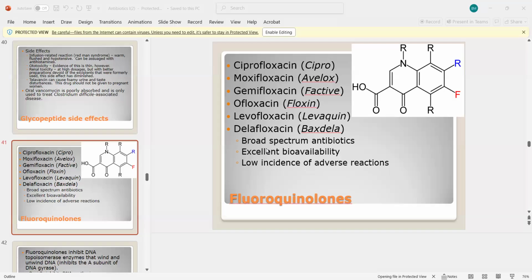Now, these drugs have issues. Kidneys. If the drug builds up in concentration, they can be quite toxic to the kidney. And this is dose dependent.